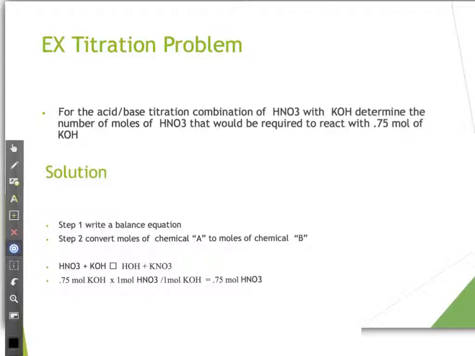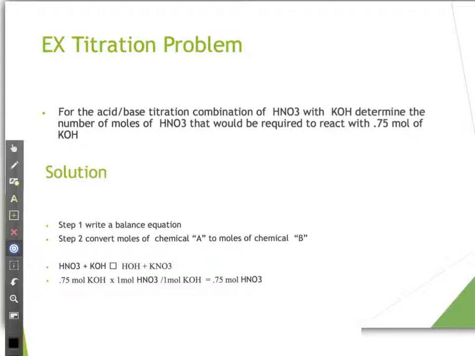This is a double replacement reaction, so our positively charged potassium and our positively charged hydrogen will trade places. That results in HOH, hydrogen plus 1, OH negative 1, and potassium nitrate, potassium plus 1, nitrate negative 1. We check our equation, and yes, it is balanced.